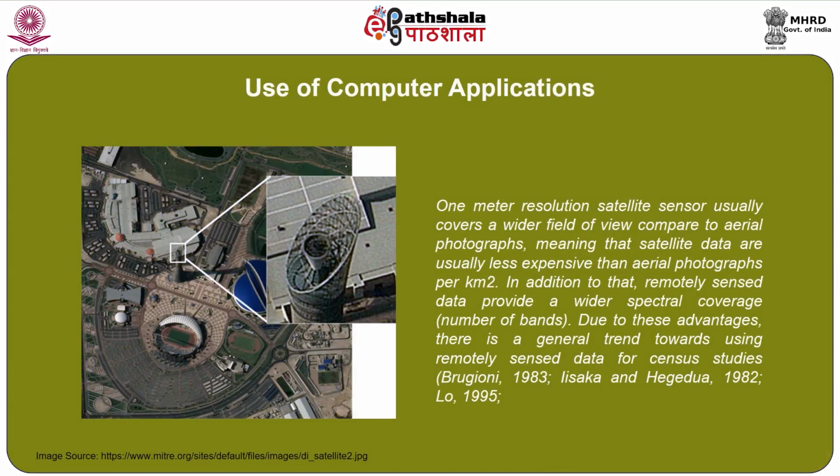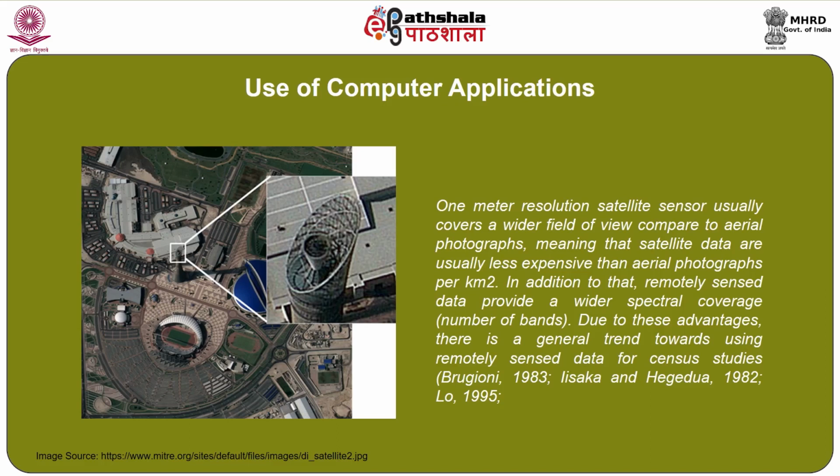A 1 meter resolution satellite sensor usually covers a wider field of view compared to aerial photographs, meaning that satellite data are usually less expensive than aerial photographs per 2 kilometers. In addition to that, remotely sensed data provide a wider spectral coverage, like number of bands.